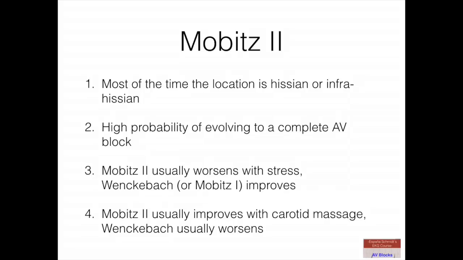A high probability of evolving to a complete AV block is present more in the Mobitz 2 block and usually worsens with stress, and the Wenckebach or Mobitz 1 improves. Mobitz 2 usually improves with carotid massage, and Wenckebach usually worsens.